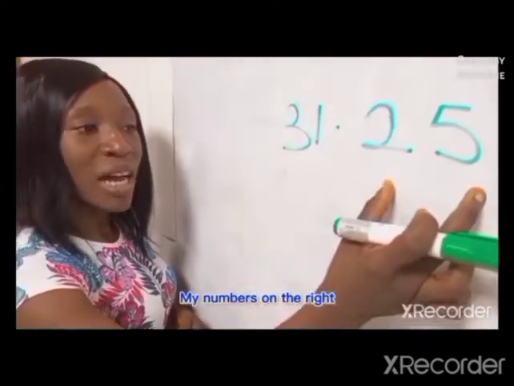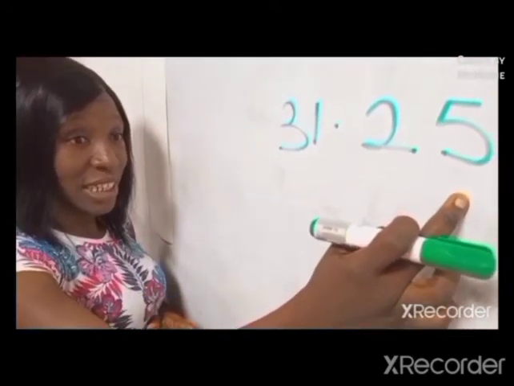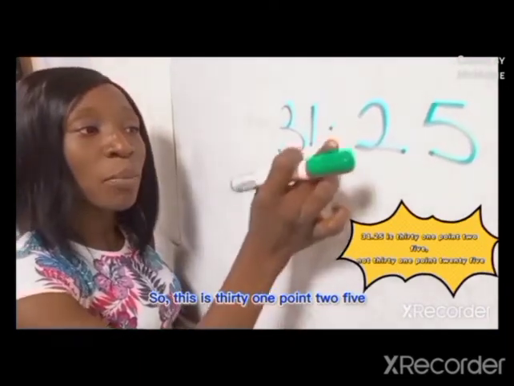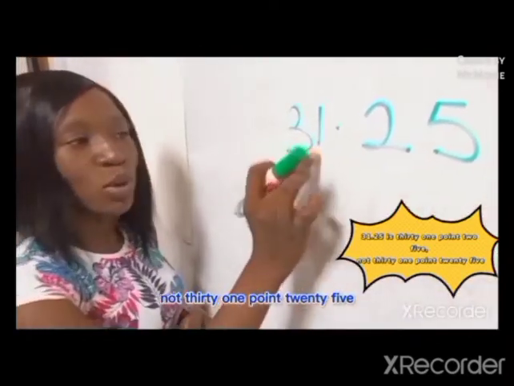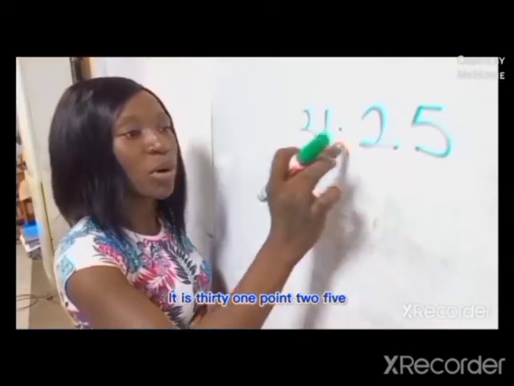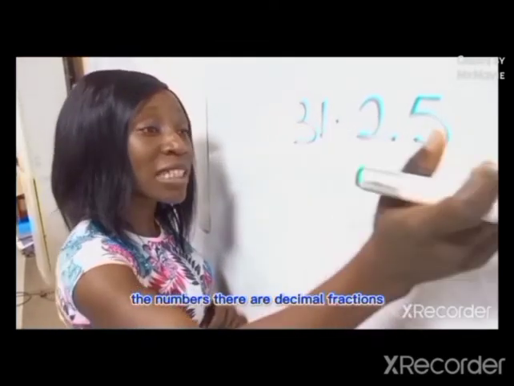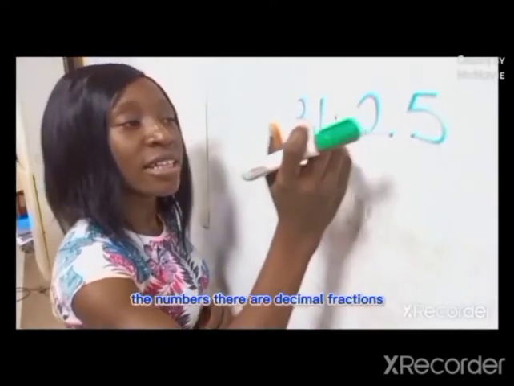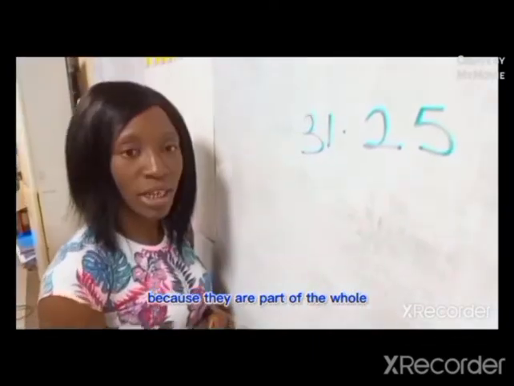The numbers on the right are seen individually. So this is thirty-one point two five, not thirty-one point twenty-five, because the numbers there are decimal fractions, as they are part of a whole.